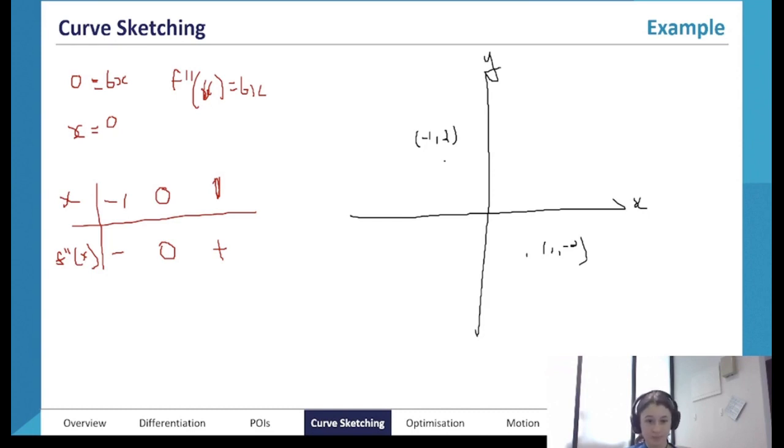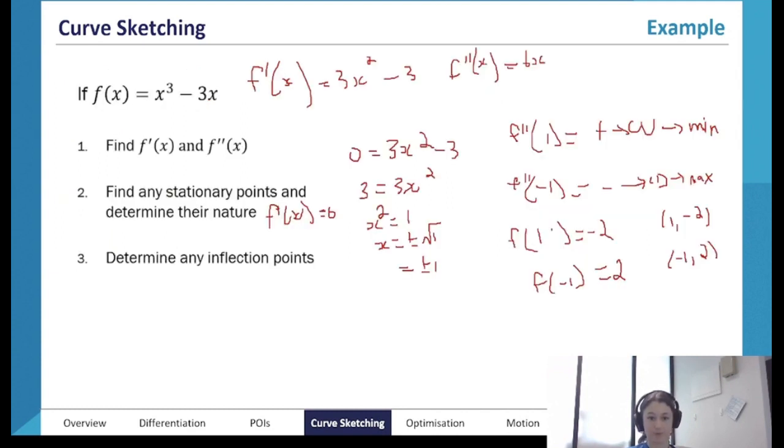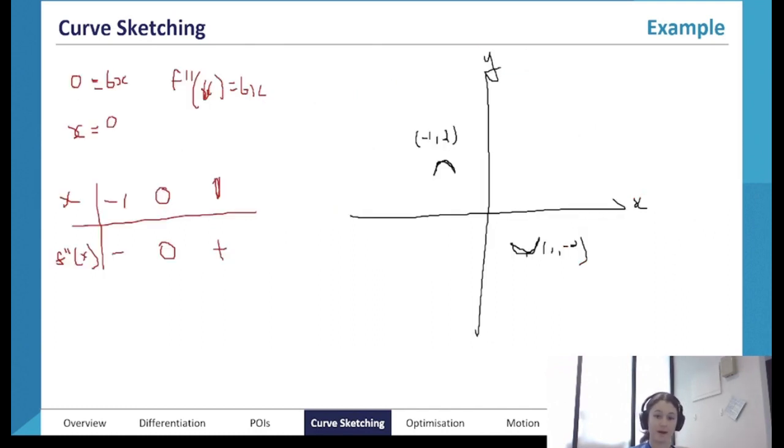Now we know that our point of inflection is going to occur at 0, and we know that the nature of our stationary points is going to be a maximum here and a minimum here, and that's what we found in the last slide. So at 1, we're going to have a minimum, and at negative 1, we're going to have a maximum.